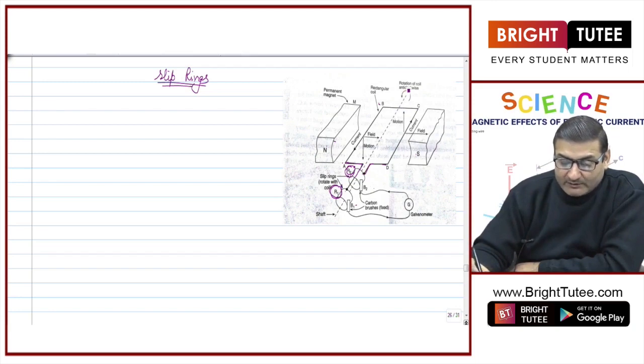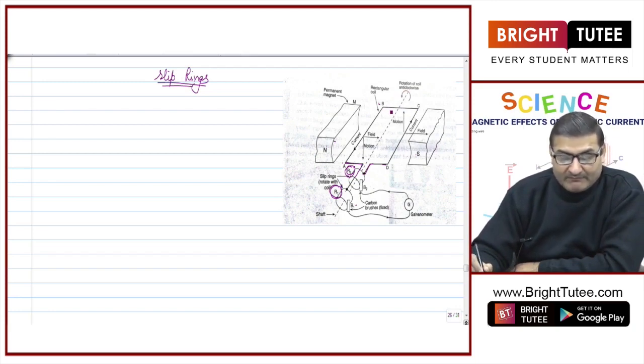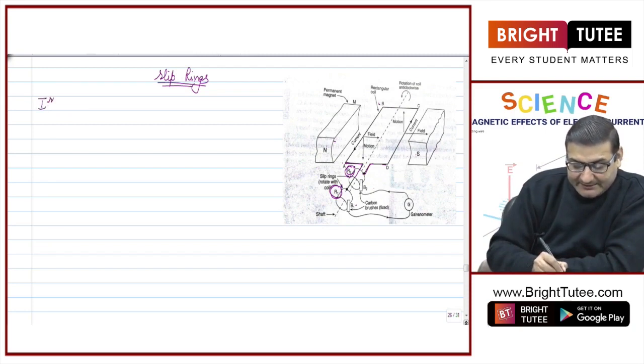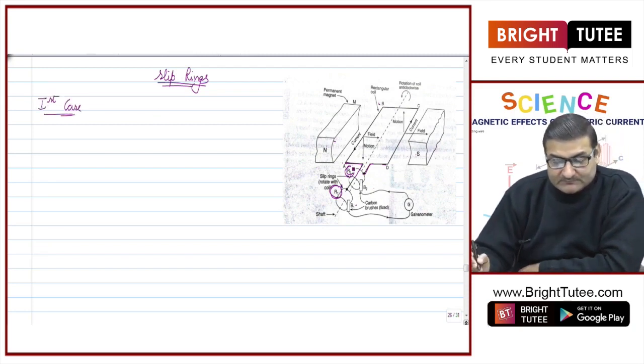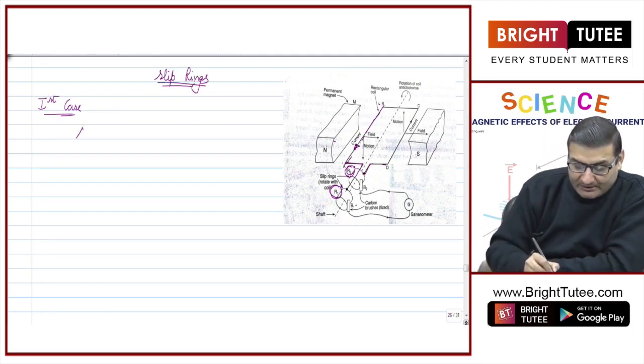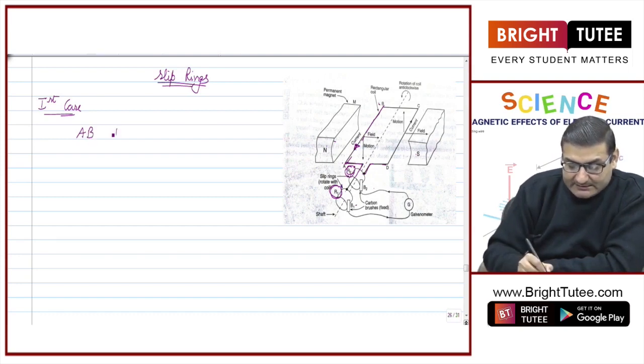When we rotate the coil, this is the first case I am taking, when AB is on the left hand side. When I rotate the coil AB, then as per the right hand rule, we saw that the current was coming in the downward direction. Now this AB is fixed with R1.